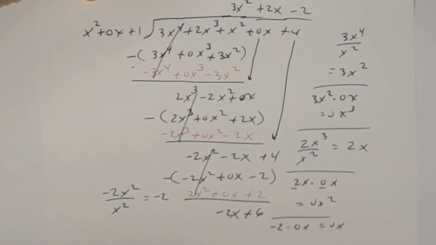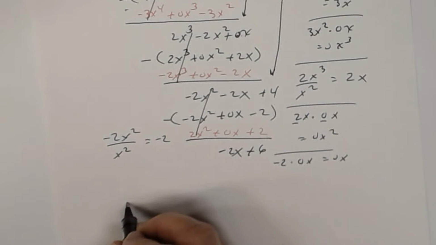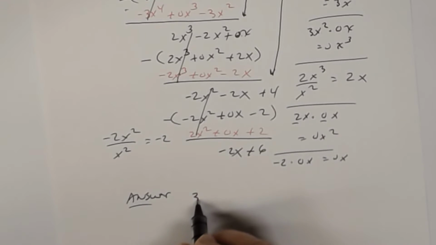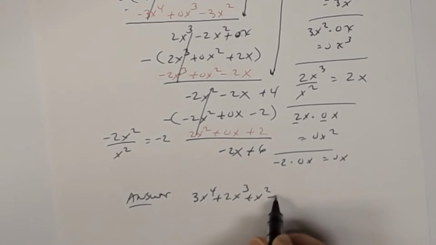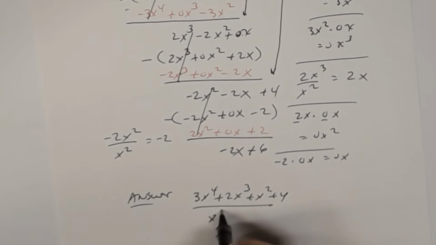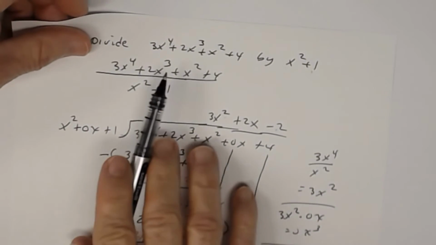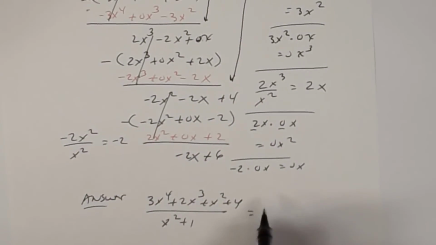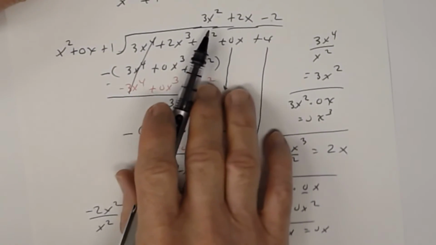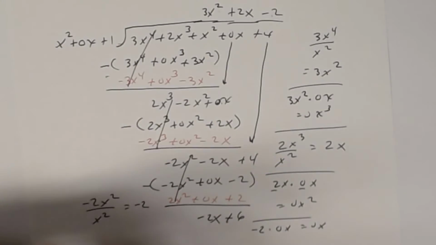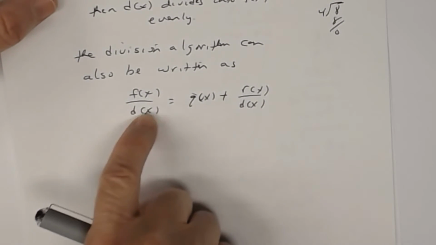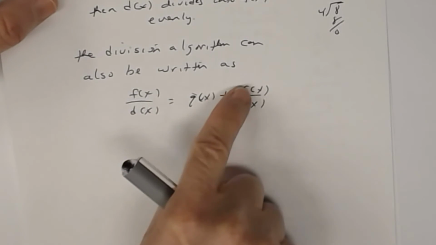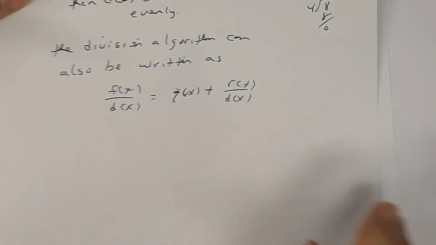So your answer, you're going to say this: 3x to the fourth plus 2x cubed plus x squared plus 4 divided by x squared plus 1. So that coming from here is going to equal your quotient. So remember, what we're using is this now. Your dividend divided by your divisor will equal the quotient plus the remainder divided by the divisor.